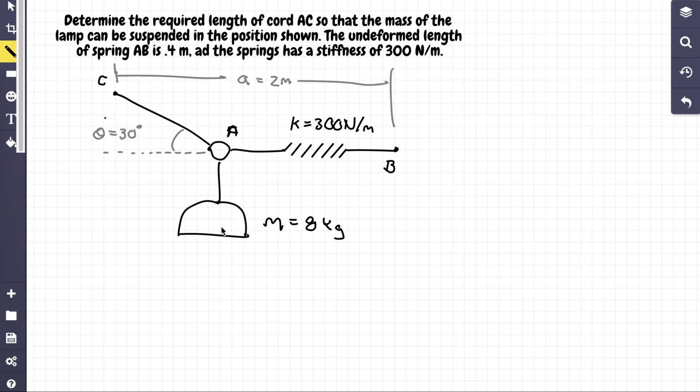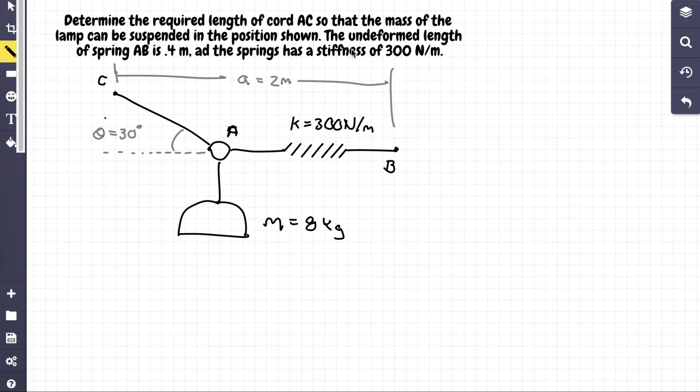So basically we have this lamp being pulled down by the force of gravity with some mass. There's a ring up here connecting this line AB, and line AB actually has a spring in it. And then also connecting a line AC.